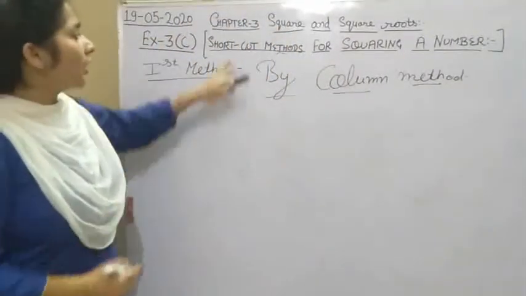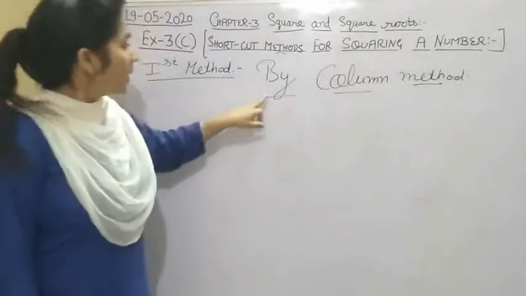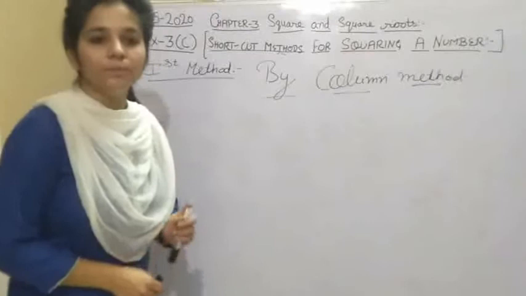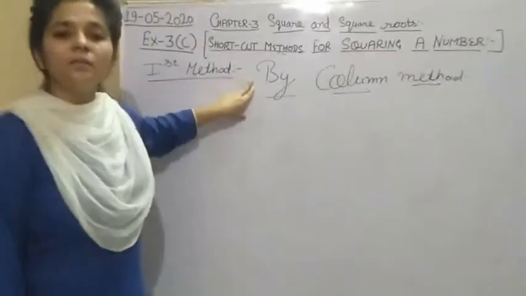Your first shortcut method for squaring a number is by column method. Let's take an example to clear this method.